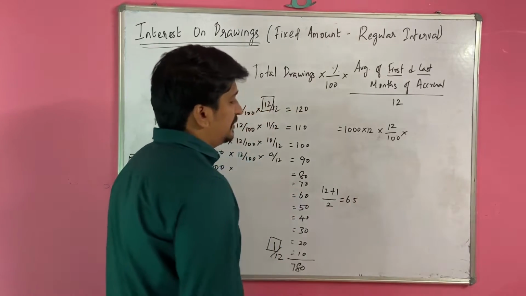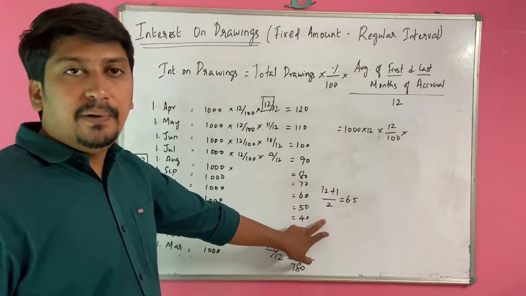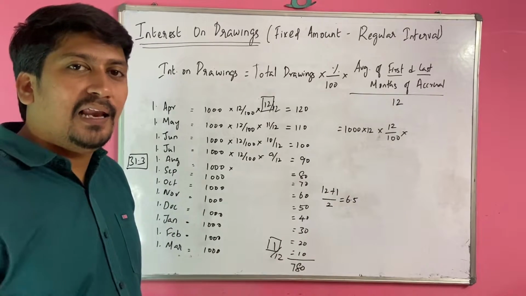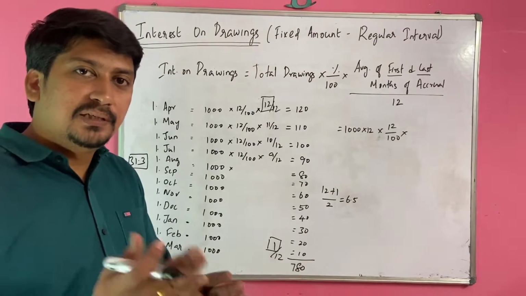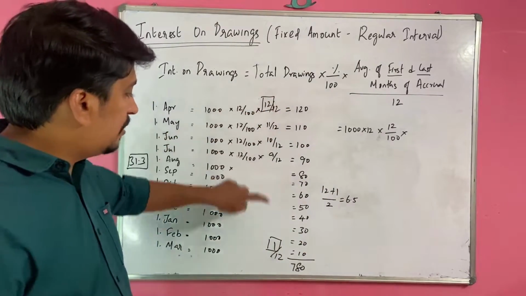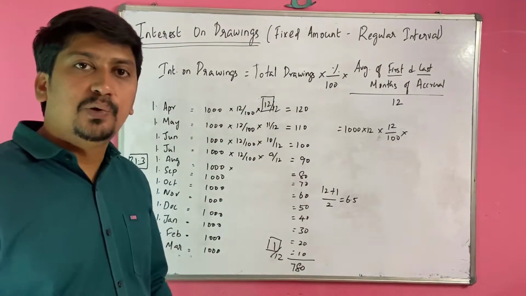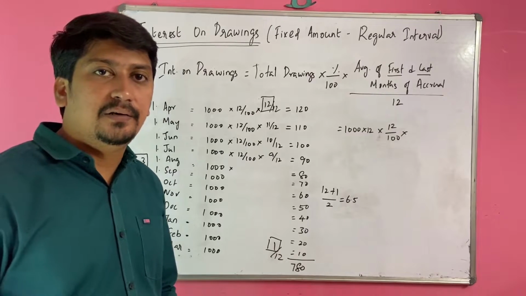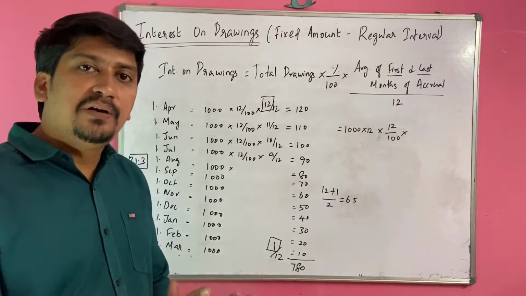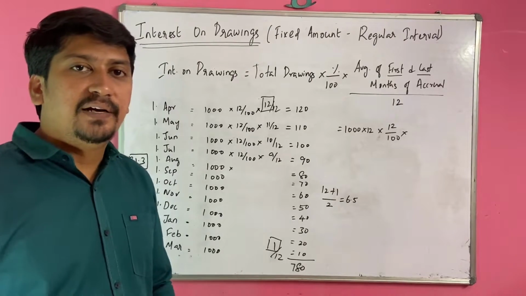13 by 2, 6.5. Why do we have to divide it by 2? Because it is an average of 2 values. When you have to calculate an average, add the numbers and divide by how many numbers there are. It is 2 numbers, so add the 2 numbers and divide by 2. That you know very well, because when you calculate your subject average, you add all your 5 subjects' marks and divide by 5, so that you get the 5 subjects' average.